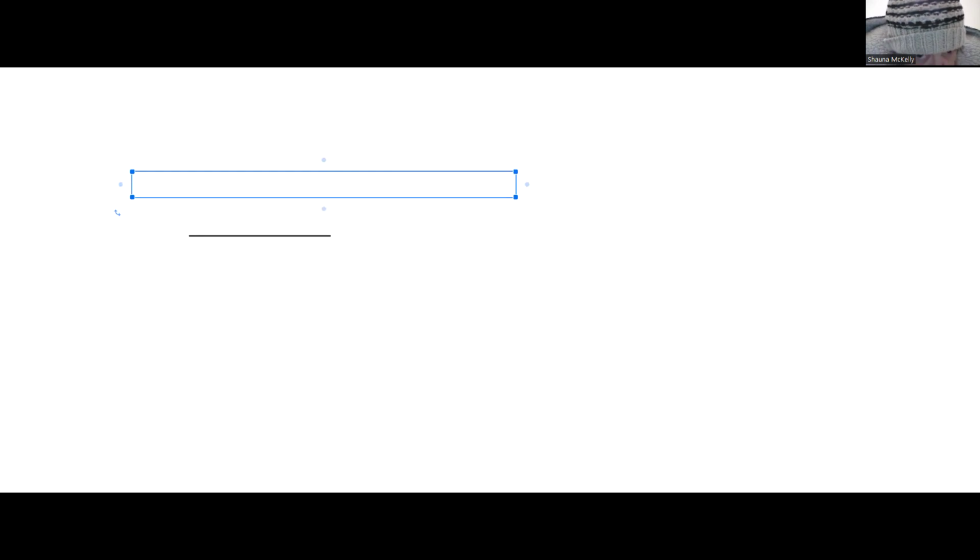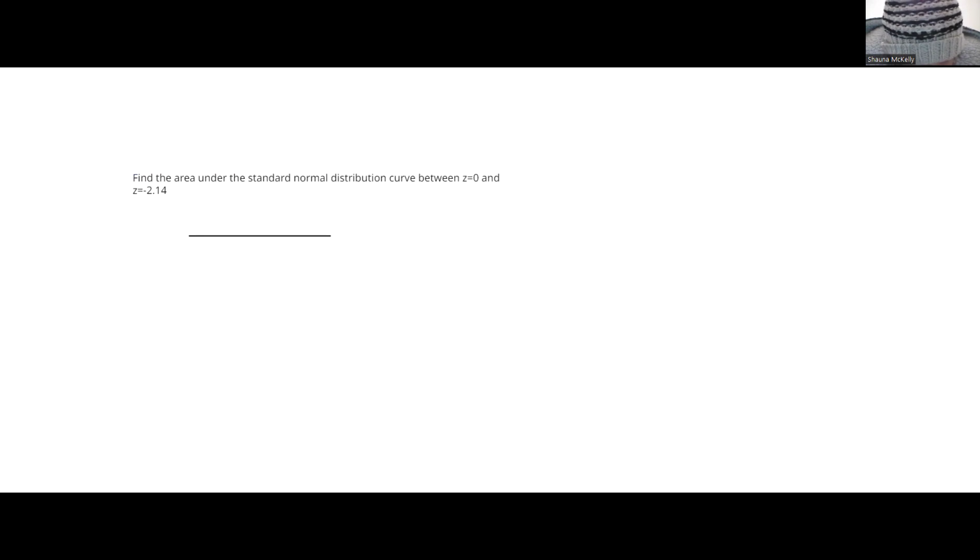Okay. So what we're going to do is we're going to draw our curve. Okay. Normal curve. You're going to put your 0 line always in the middle there.